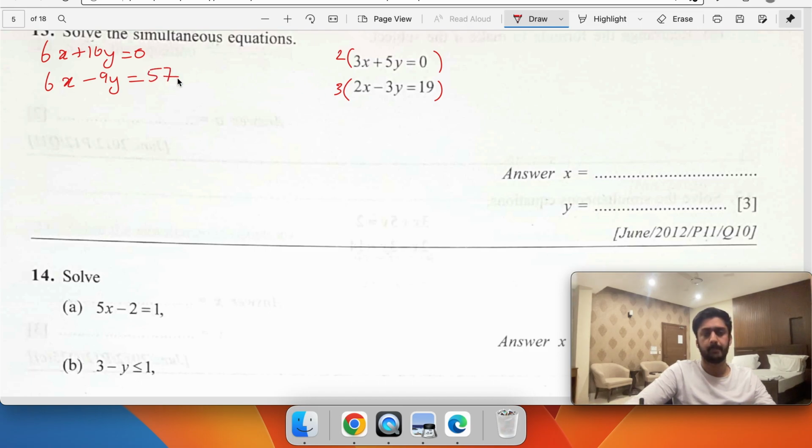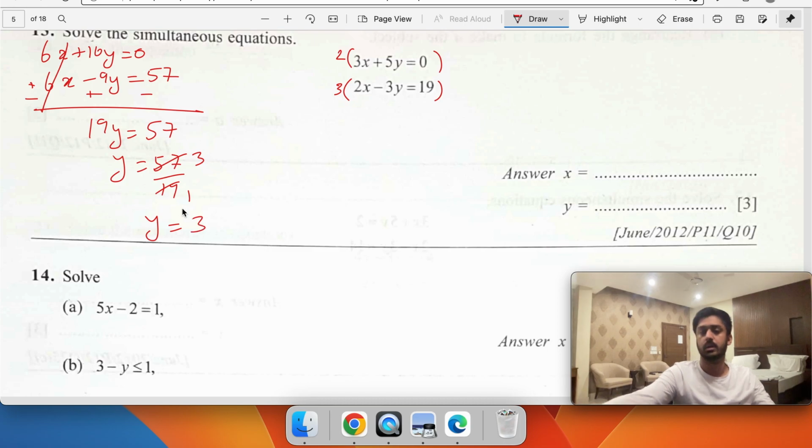Now subtract them and change the signs. Get rid of the 6x. This is 19y is equal to 57. Y is equal to 57 by 19. 19 1 times, 19 3 times. So y is equal to 3.